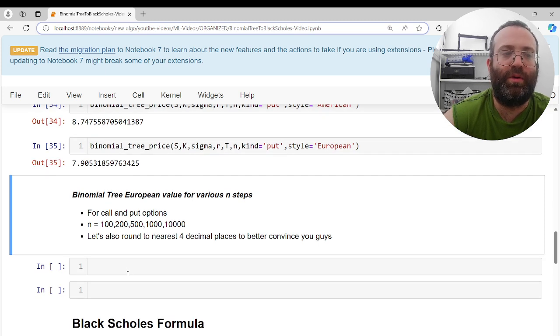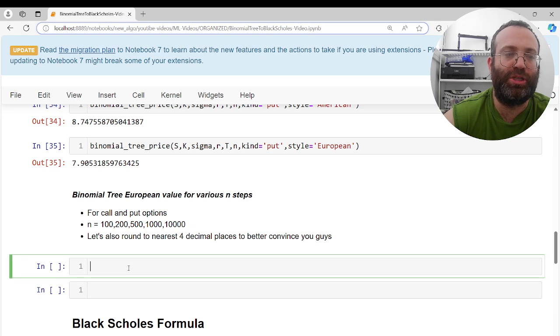After I run this, I'll explain a little bit of the Black-Scholes formula for some of you beginners. But for now, because n equals 10,000 steps takes some time, I'm going to calculate the binomial prices first. So I'll do for n in 100, 200, 500, 1,000, 10,000.